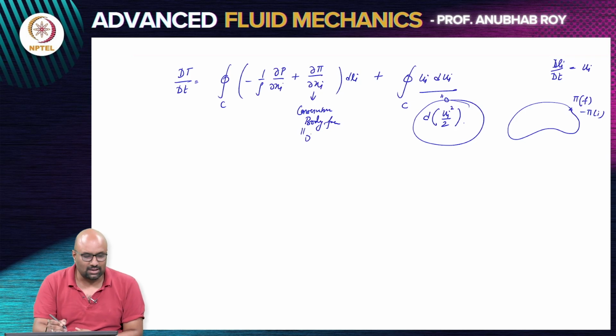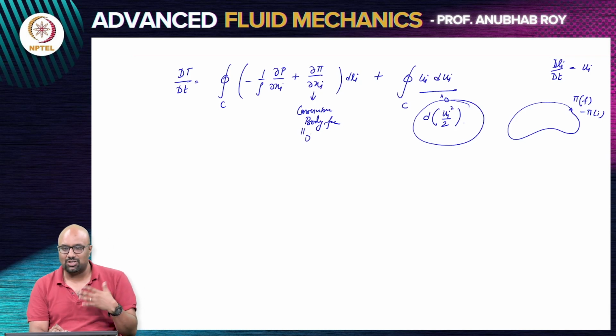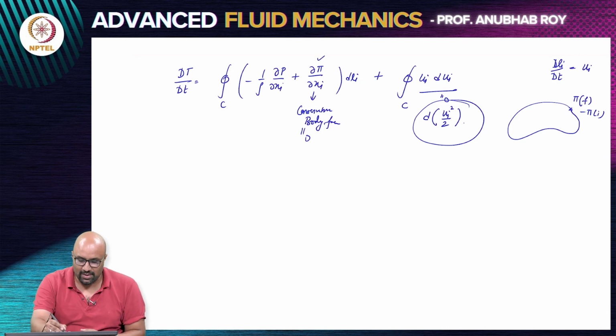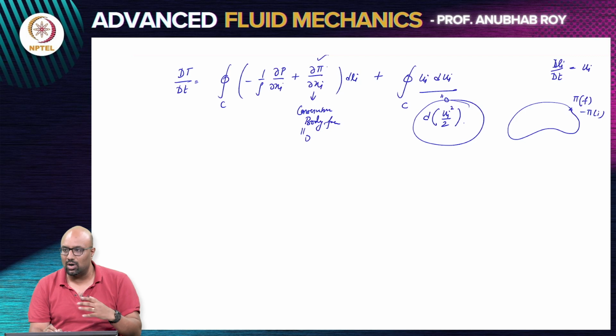Now, this is not something that is very surprising, because the definition of a conservative body force is that there should not be any work done over a closed path. So, what we started out from, g dot dl, is basically the work done per unit mass. That should be 0 on a closed path, which is what we are saying here through a formal definition of a conservative body force.